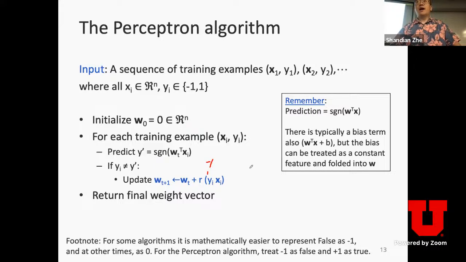But if yi is switched to the range of 0 and 1, you can simply map it back to -1 and 1. One commonly used approach is to replace y by 2y minus 1. So when y is 0, it is -1, and when y is 1, it's 1. Then you recover the original perceptron algorithm.